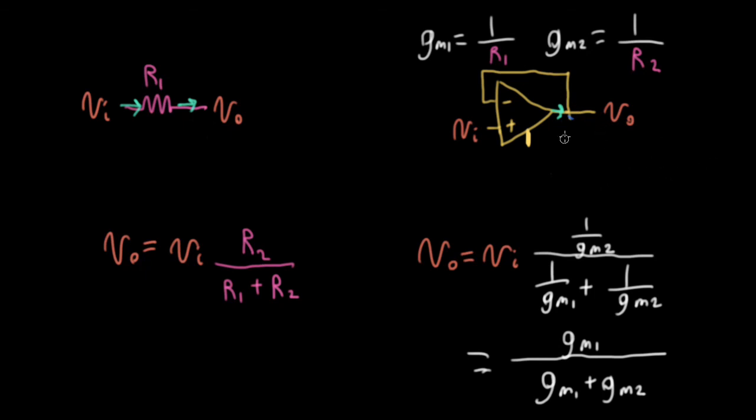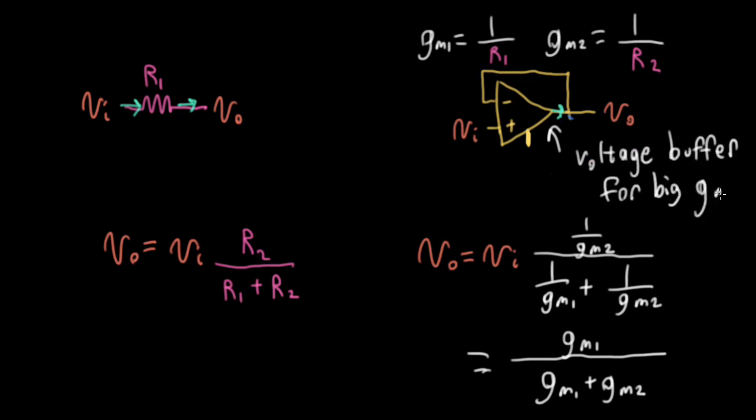Now, of course, if I load this down, something will happen. But if I were to take the gain here and crank it up, that's equivalent to taking this resistance and cranking it down. So I can pretty much use this as a voltage buffer if I'm willing to take the gain and make it very high.